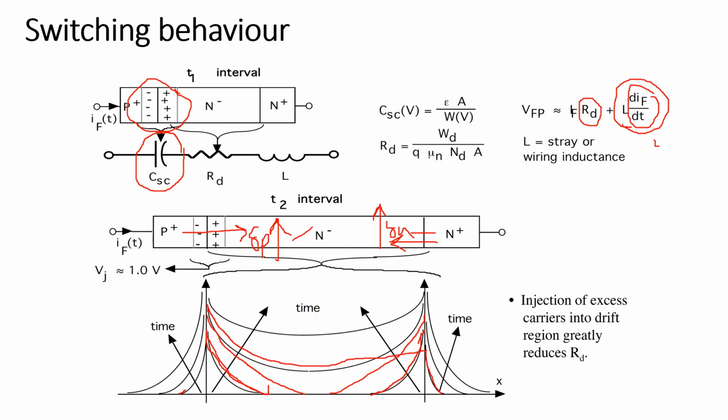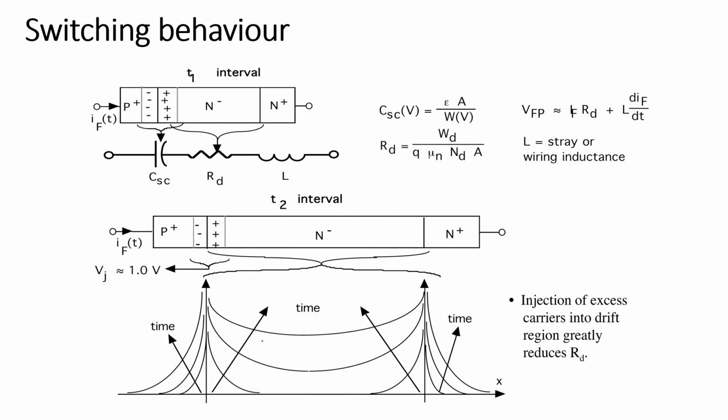Similarly, in response to this, the delta n starts reaching the p plus side, and then it is recombining with the holes and disappearing. So we have already discussed this conductivity modulation. This graph is showing how the charge carriers build up inside the drift region.